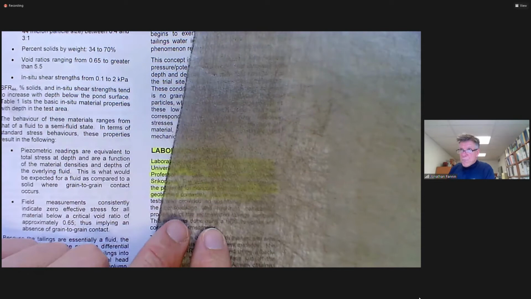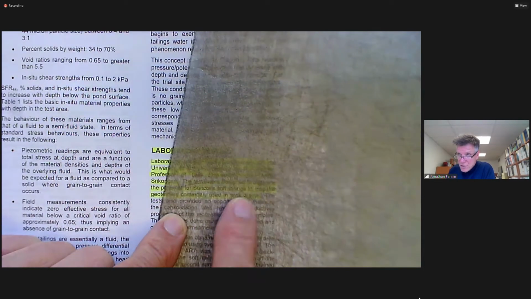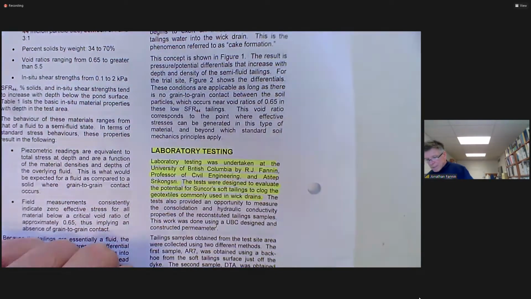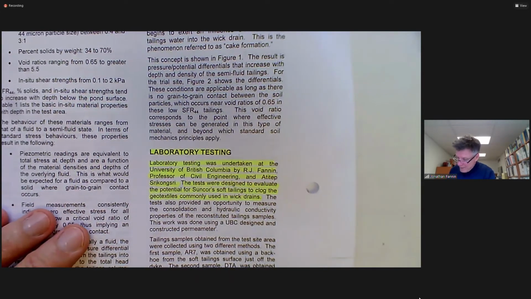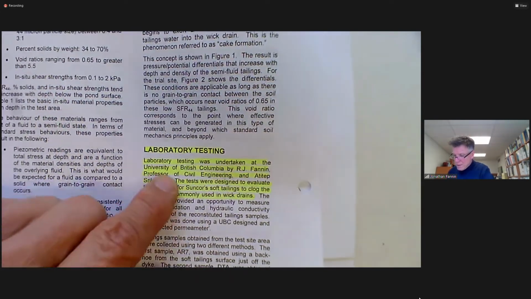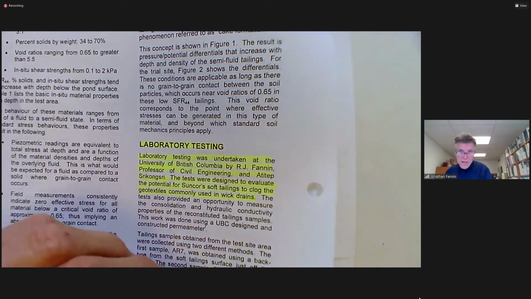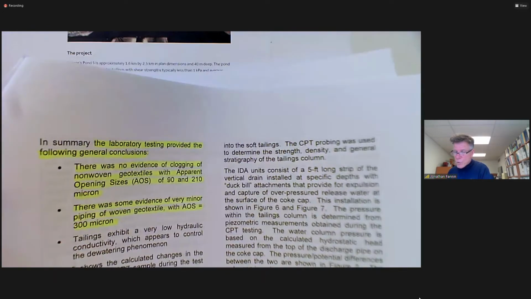I remember chatting with potential suppliers for the wick drains, because we had to solicit the geotextiles ahead of the job, and we tested them. That's what these guys are alluding to in the paper here. We had the tailings supplied to us, and we ran gradient ratio type of tests. Not quite gradient ratio tests, but we ran rigid ball permeameter tests.